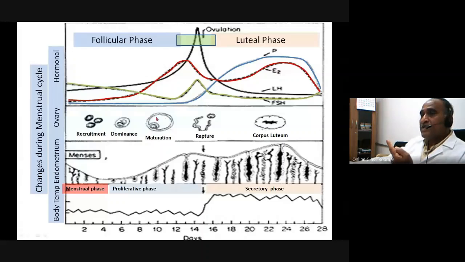In this mature Graafian follicle, you have this antral space. This antral space is filled with fluid, and this fluid is a secretion coming from the granulosa cells, and that will have proteolytic enzymes and prostaglandins and other substances.